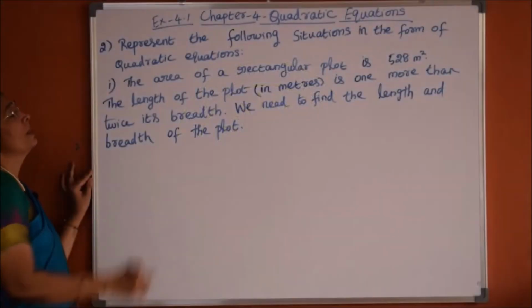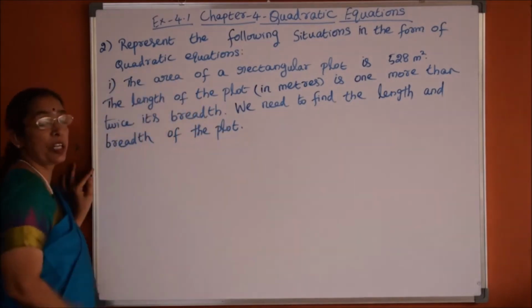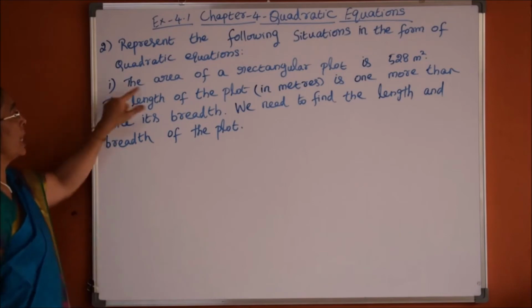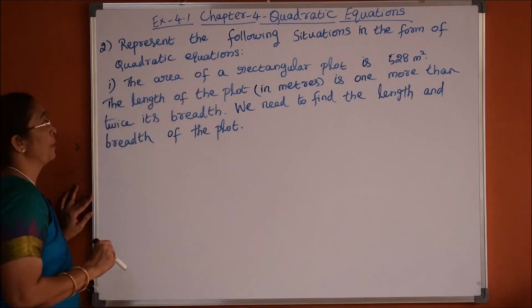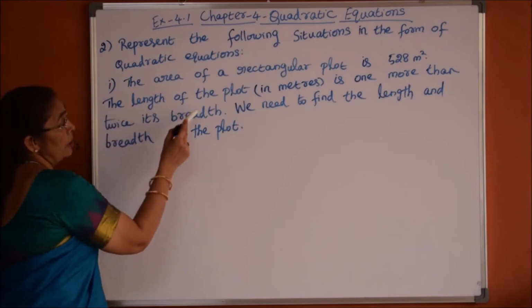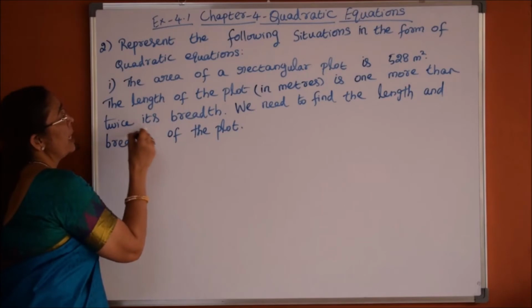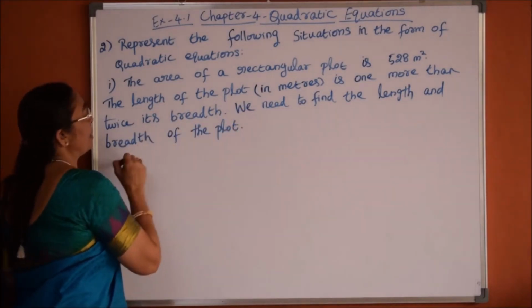Second problem: represent the following situations in the form of quadratic equations. In the first bit, the area of a rectangular plot is 528 square meters. The length of the plot, in meters, is 1 more than twice its breadth. We need to find the length and breadth of the plot.